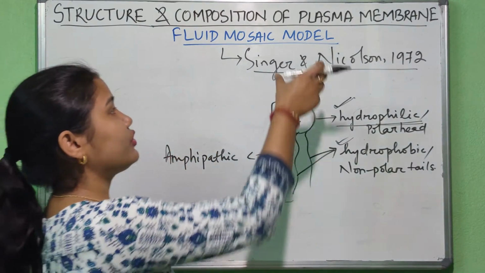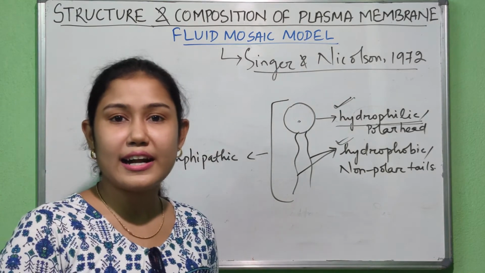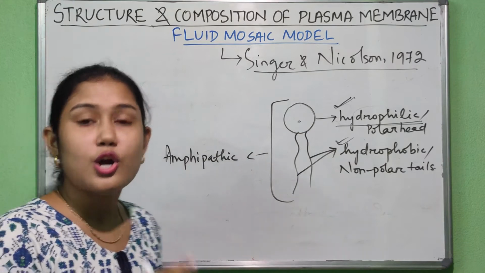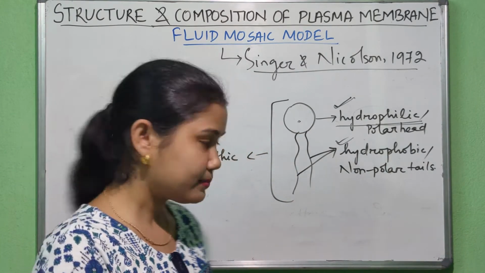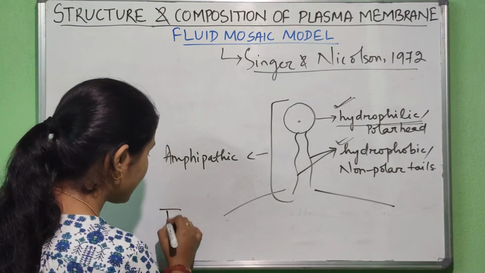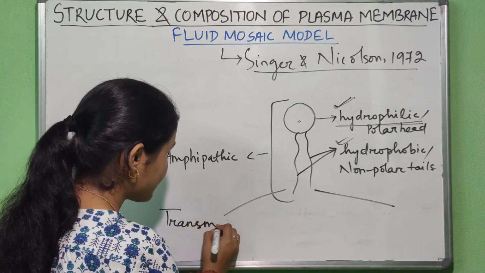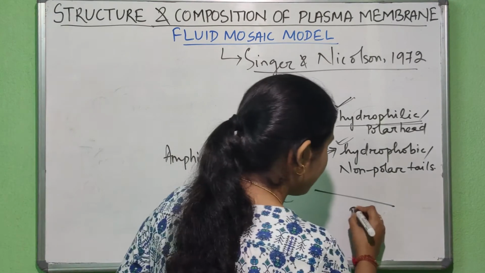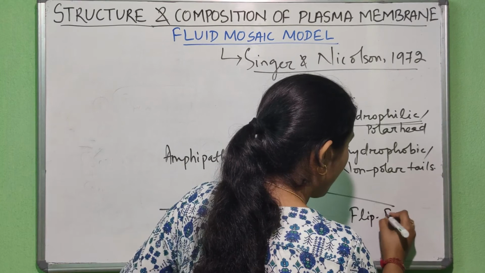So what new things did Singer and Nicolson add? They told that this lipid molecule shows two types of movement. The first one is transmembrane movement, whereas the other one is flip-flop movement.